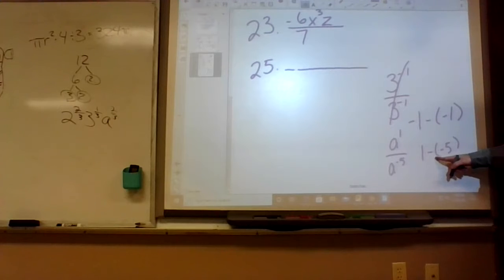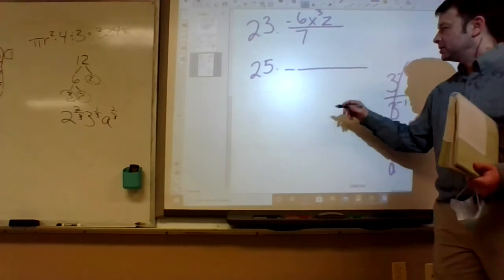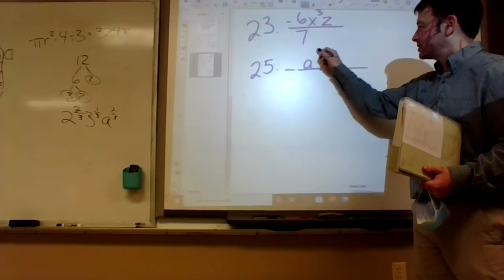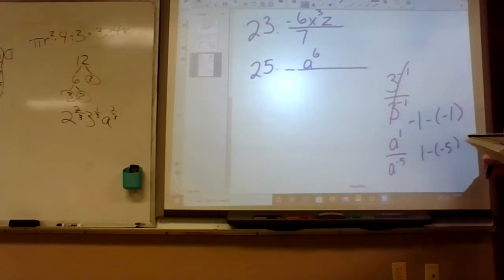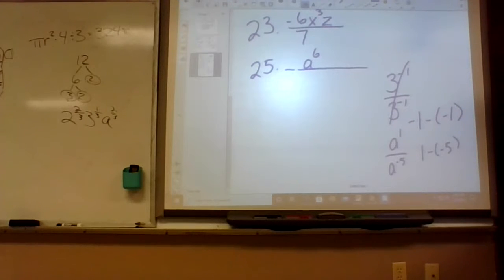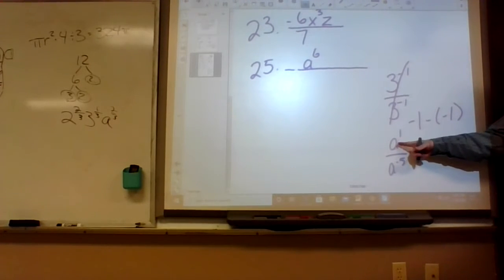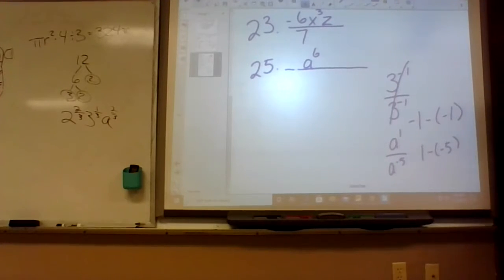No, positive 6. Yeah, that's a 1 plus 5, right? 1 minus negative 5 is positive 6. So that's an a to the 6, which is positive, so it's going on top. It's negative 1. It just says a. It just says a on top.